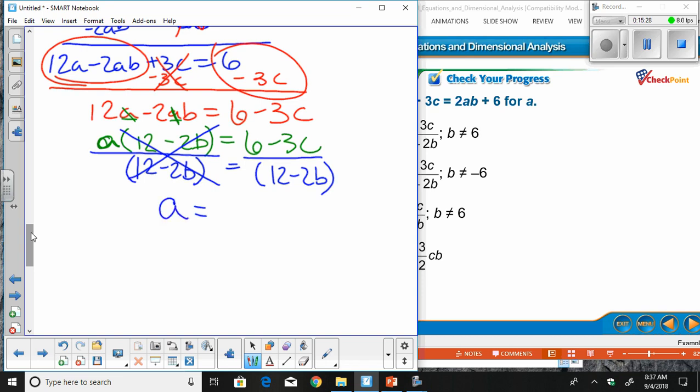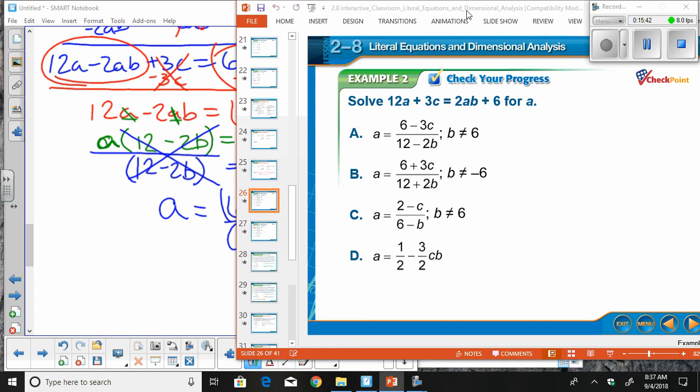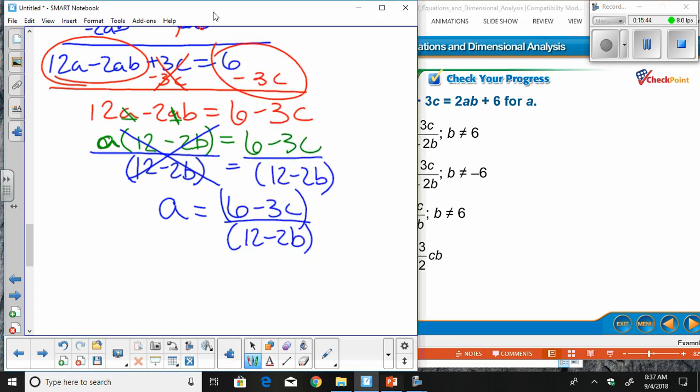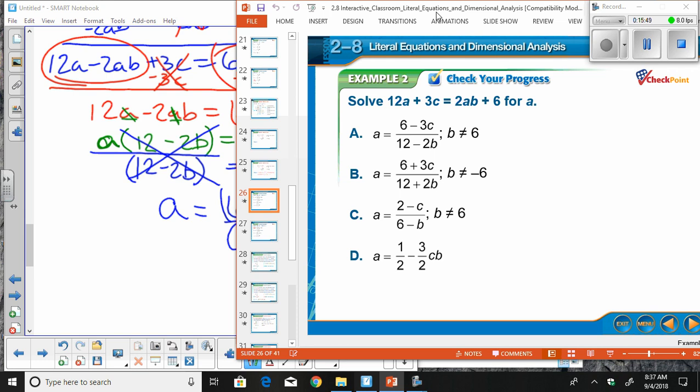And on the right side, I have that whole expression, 6 minus 3c divided by 12 minus 2b. And you can either get rid of the parentheses or keep them. It's just because I moved them, I like having them. You could also put parentheses up here if you wanted to. So our answer, again, was a equals 6 minus 3c over 12 minus 2b.